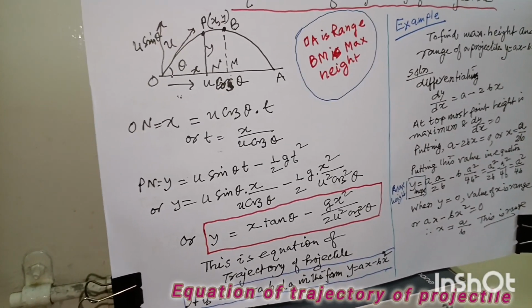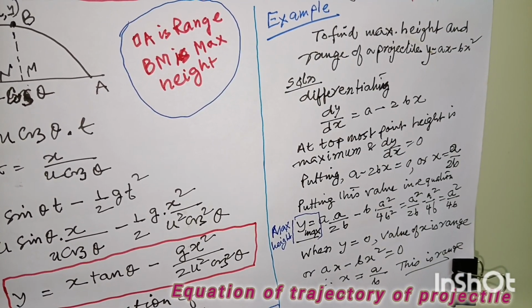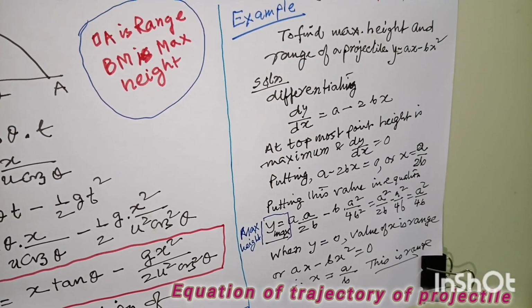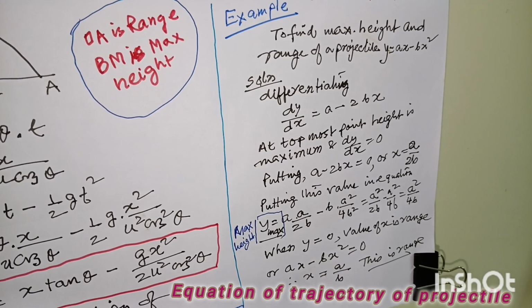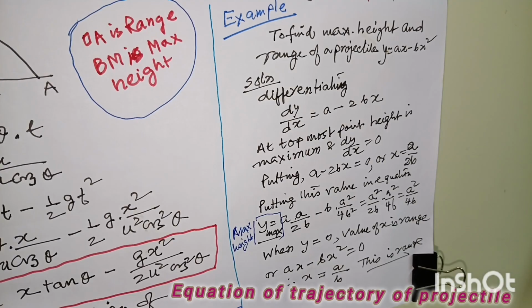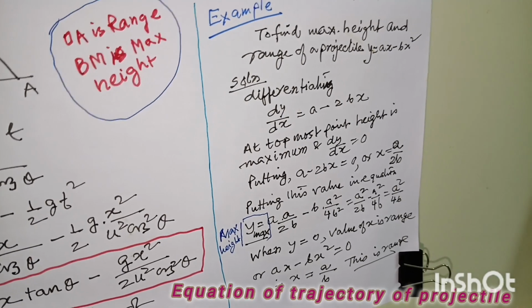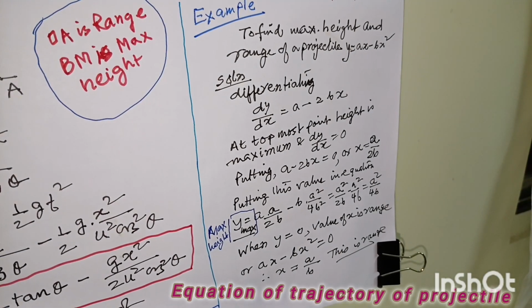Now we discuss a problem on this equation of parabola. Suppose a parabola is given as y equal to ax minus bx square, and we have to find the maximum height and range of the parabola. So we differentiate with x. We get dy by dx equal to a minus 2bx.